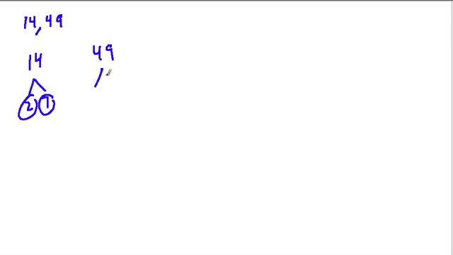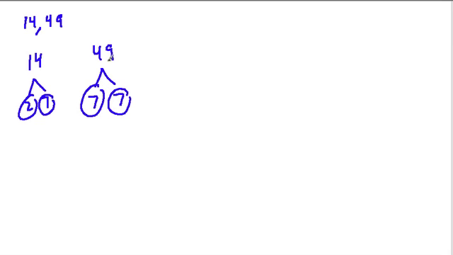So in that example, we had two numbers, and we can change this around. Let's look at some other examples. What about 14 and 49? What's the GCF here? Well, 14 equals 2 times 7, and 49 is equal to 7 times 7.